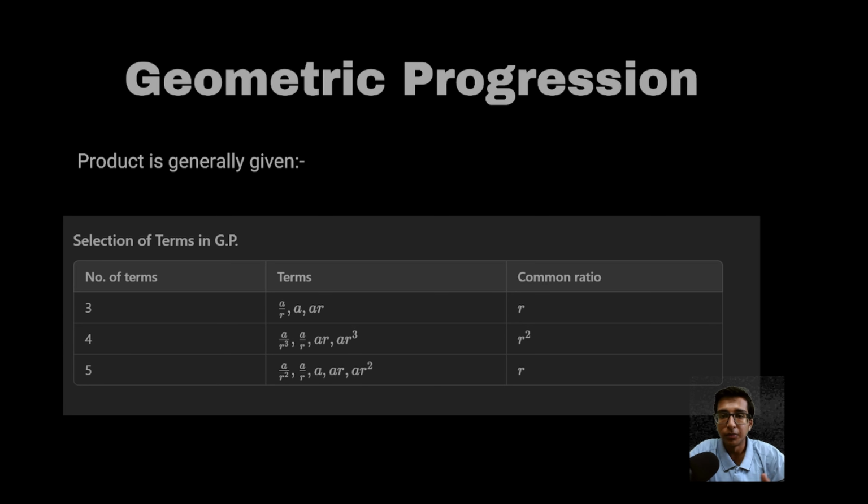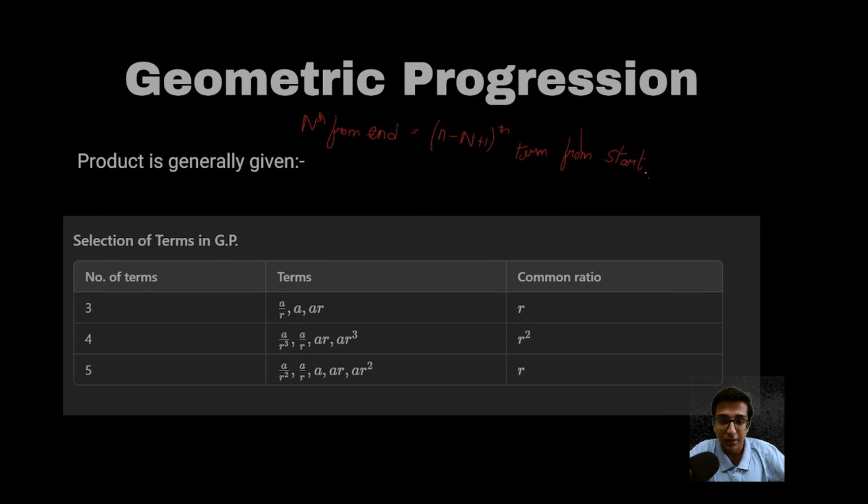Now again, most of the things that we studied in AP would be similar for GP as well. For example, as we had mentioned there as well, the nth term from the end. Again, the same formula would be used, which would become n minus capital N plus 1th term from start.